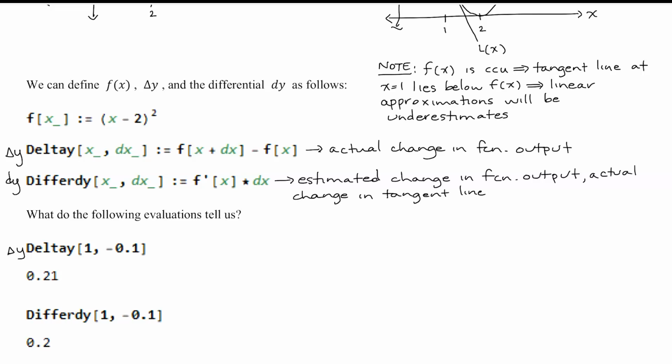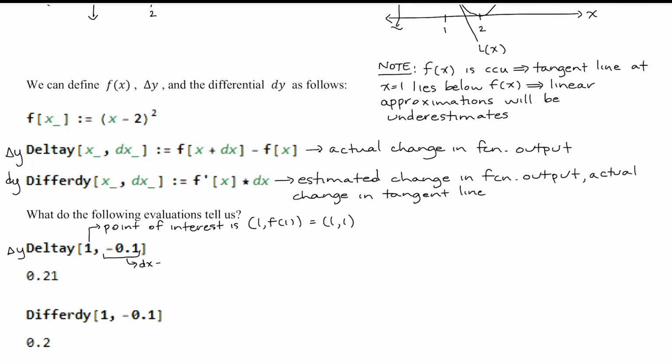So let's think about what we can understand here. This, delta y of (1, −0.1), is a delta y value. The 1 right here is telling us the x coordinate, and if we go back to our function definition, that's (1, f of 1), and we can very easily put 1 into our function. (1 − 2)² is also 1.